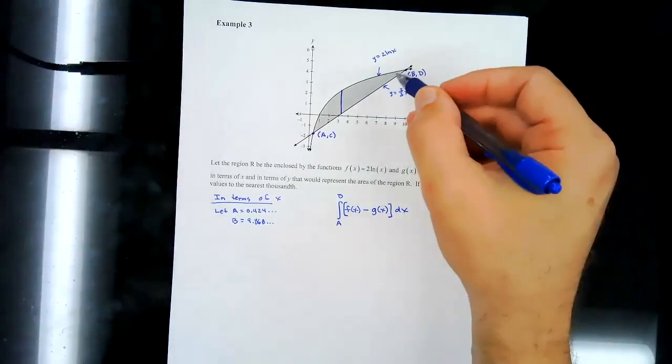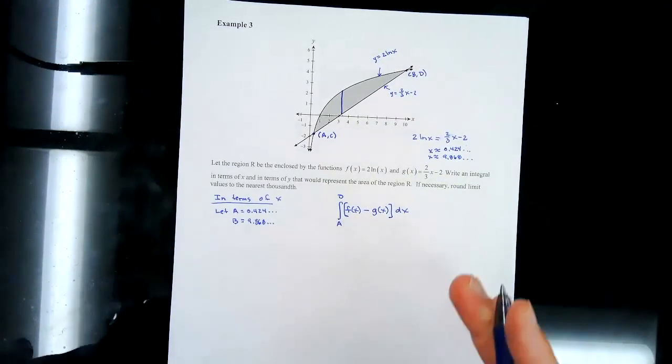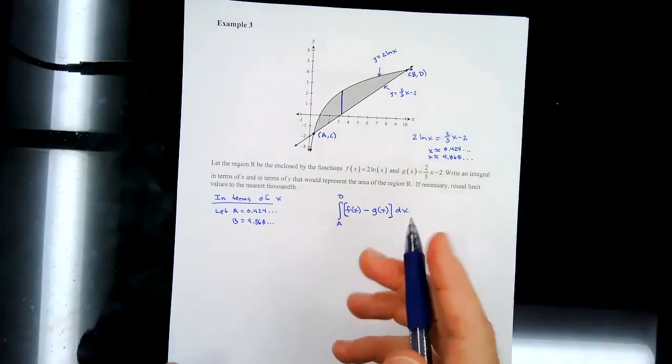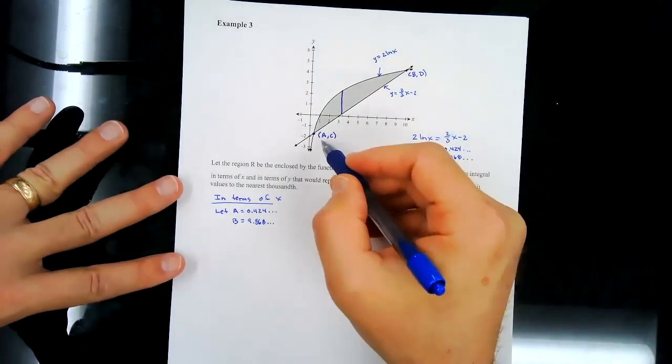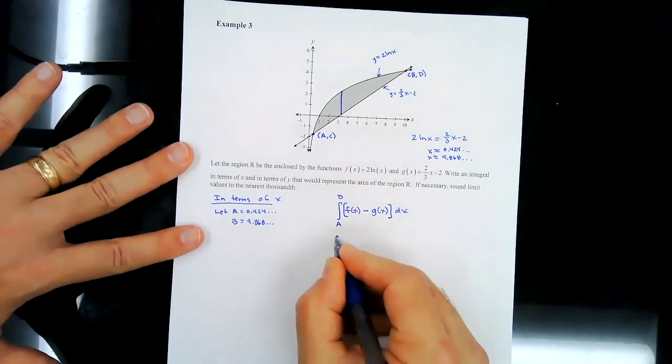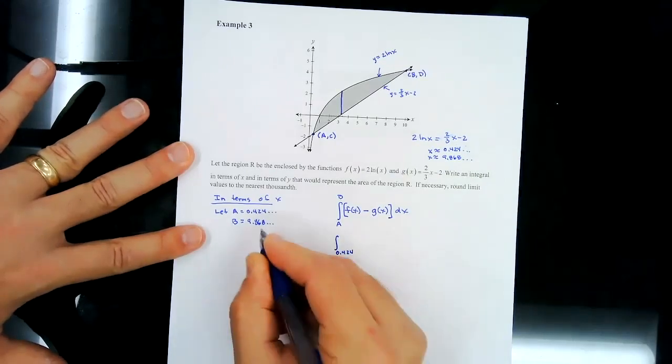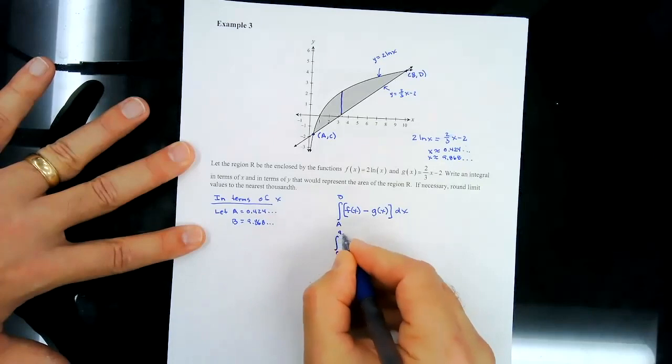Okay, so my f of x was the 2 ln of x. So on Delta Math, we're going to have to write it this way. I just realized, wait, we're putting these into Delta Math, so sorry about that. So for a right here, we're going to need to type this into Delta Math as 0.424 to 9.868.